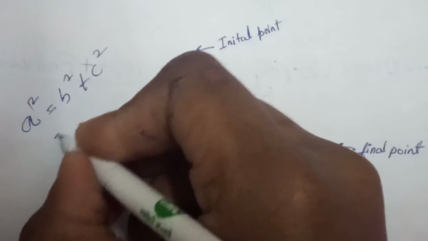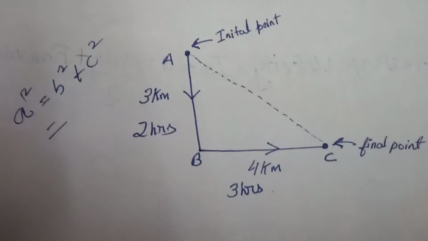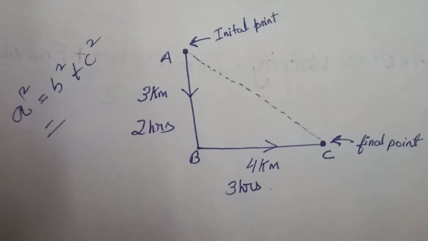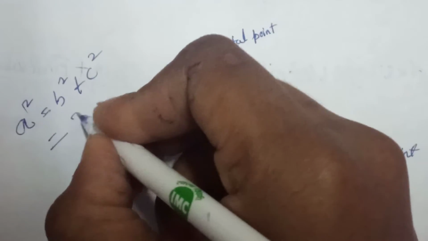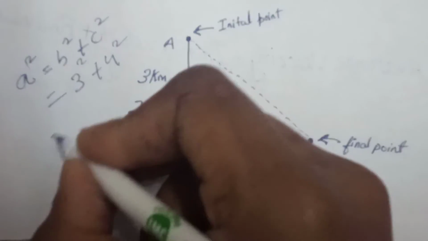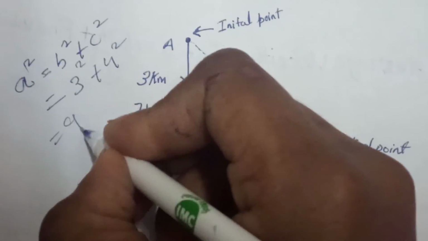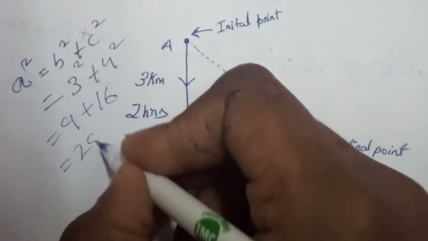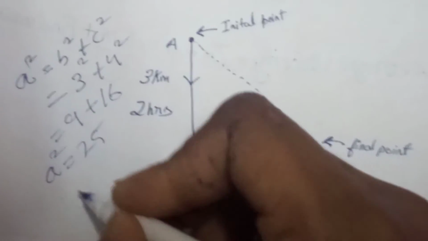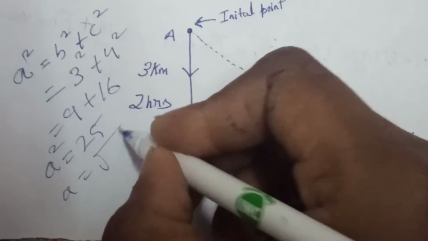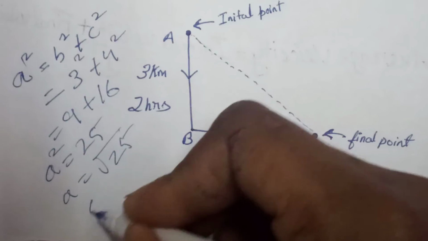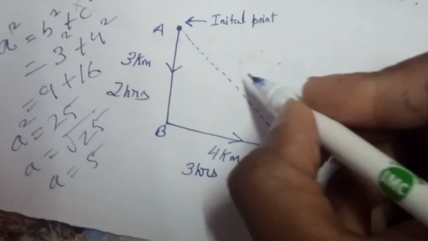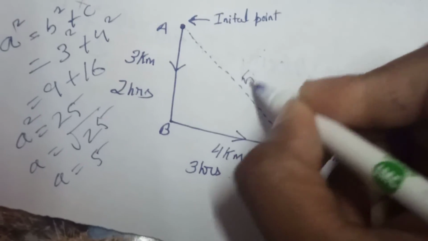So b is 3 and c is 4. 3 square is 9 and 4 square is 16. So 16 plus 9 is 25, and here a square is there. If we transfer the square, it will be in the form of a root, and we know root 25 is 5. So the value of this AC is 5 kilometer.